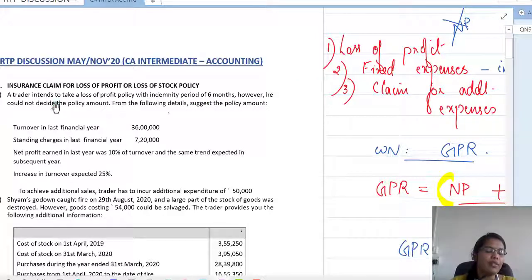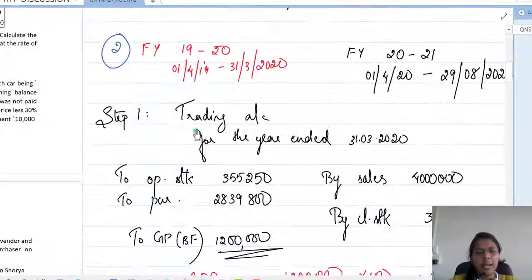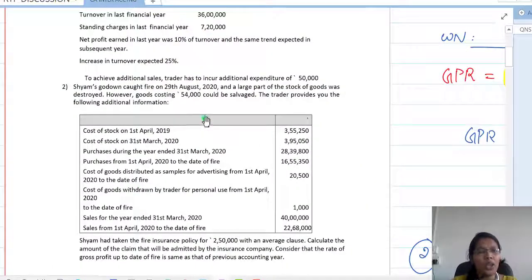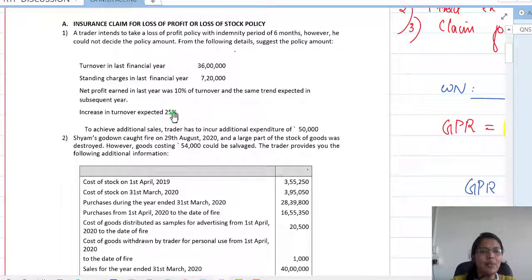So if you already have the claim steps, please go and revisit claim for loss of profit policy. Steps under claim for loss of stock policy we have already discussed as part of question number 2. So I hope these questions are clear to you and you have understood, if such a question comes, how to work it out.